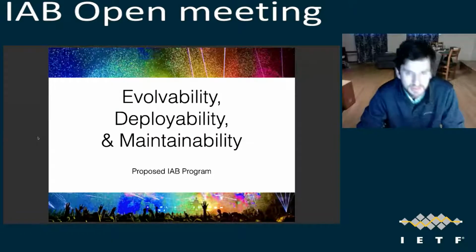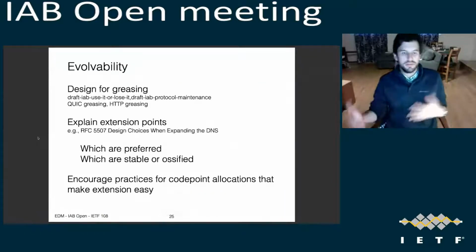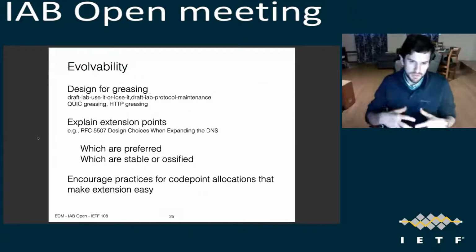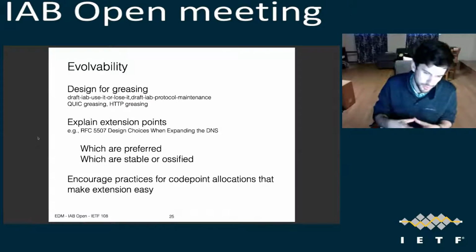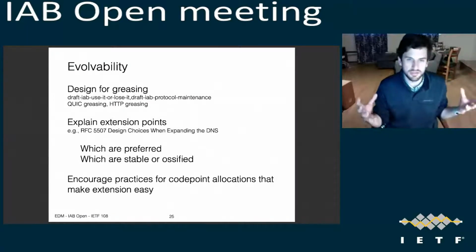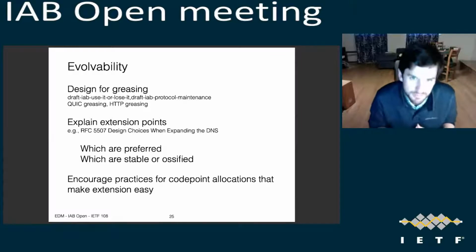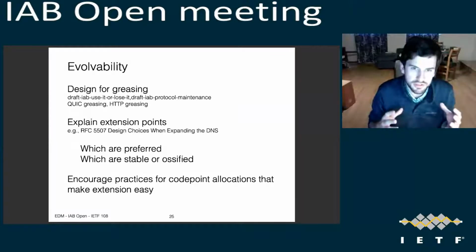Next slide. So just to talk about what are the different topics that we think are in scope for this program. First, we have topics around evolvability. There was already a lot of work that's been done to try to document evolvability.